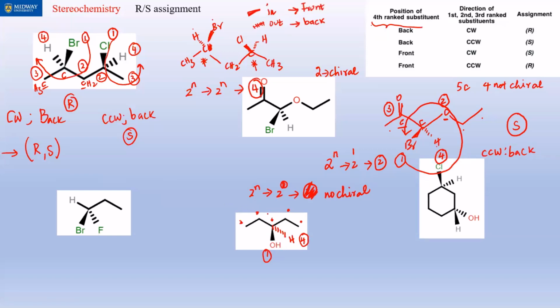Because the groups are exactly the same on either side. This looks exactly like this. So that means this carbon is not attached to 4 different groups, so it does not follow the rule of chirality. So there is really no chiral carbon, 2 to the 0 is 1. So that's not necessarily an answer we're looking for.